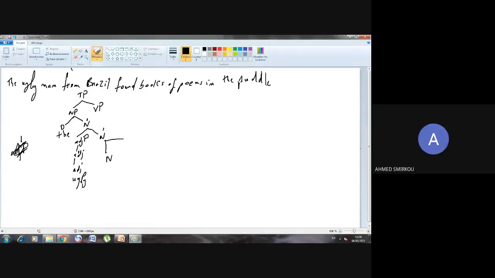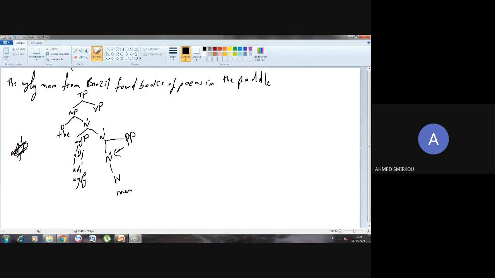If we have PP here, what is the function of the preposition phrase? It's a complement because it's sister to N... no, it should be sister to N bar here. Then noun, then man. It must be sister to N bar because it is simply an adjunct.